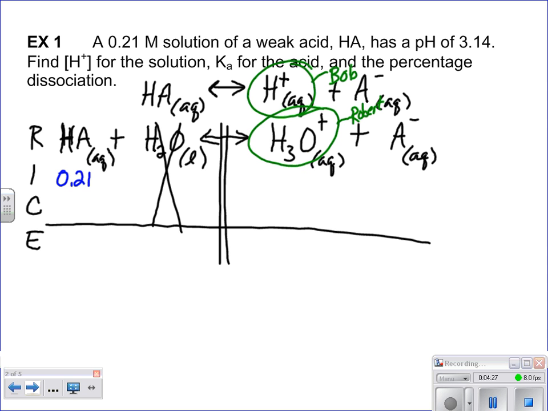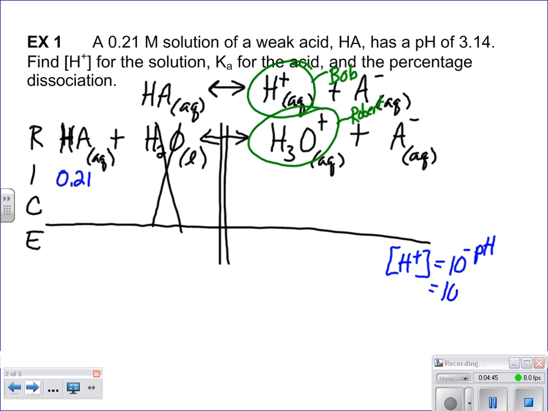So if there's a pH of 3.14, then we can go ahead and do those calculations as well. So if we know our pH and we want to find our hydrogen ion concentration, we can say that our hydrogen ion concentration is going to be equal to 10 raised to the negative pH.